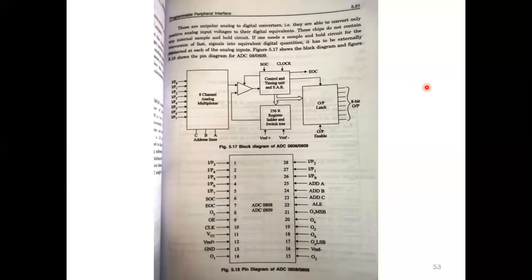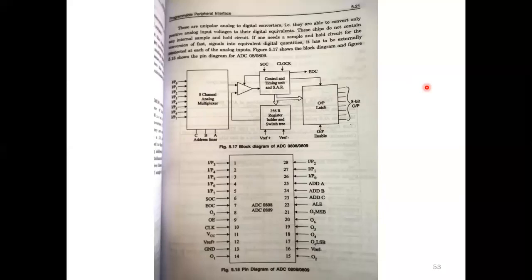As the number of bits increases, the cost of the ICs increases. So we go for the successive approximation type, in which we get the output in 8 clock pulses for any input. This is the concept.